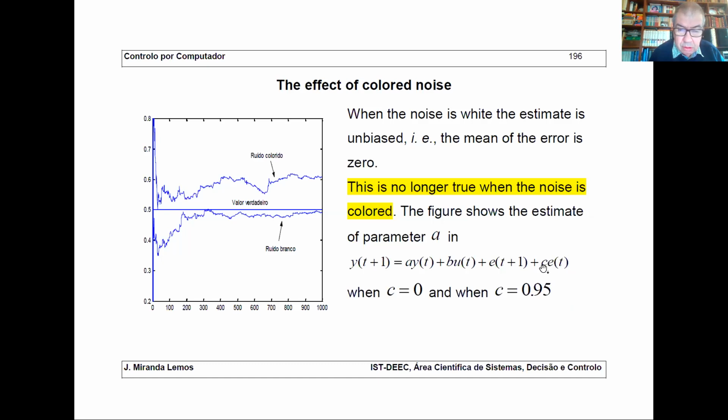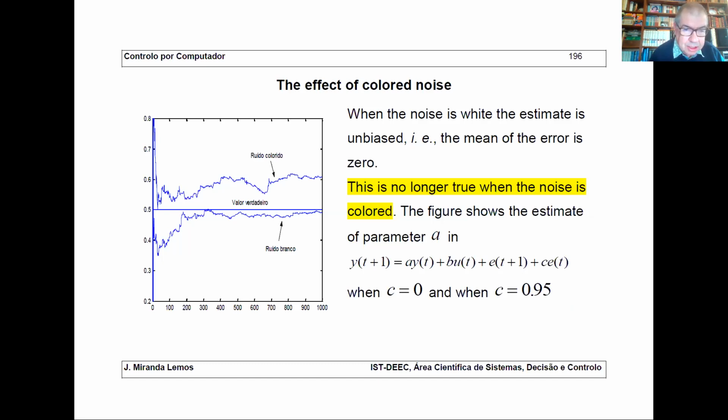The previous white noise is a white noise sequence, but then I consider a noise which is made of the current sample of E and also the previous sample of E. So there is a memory from the previous sample.